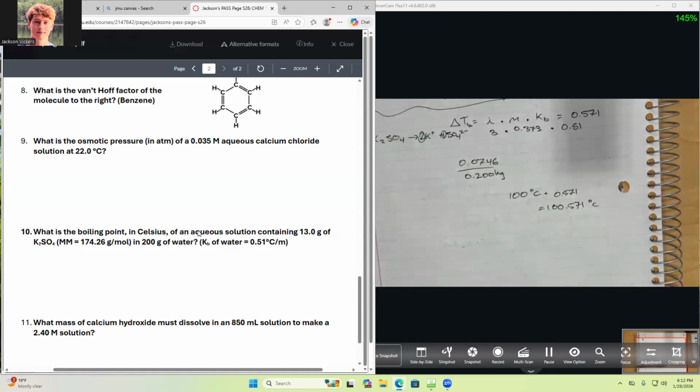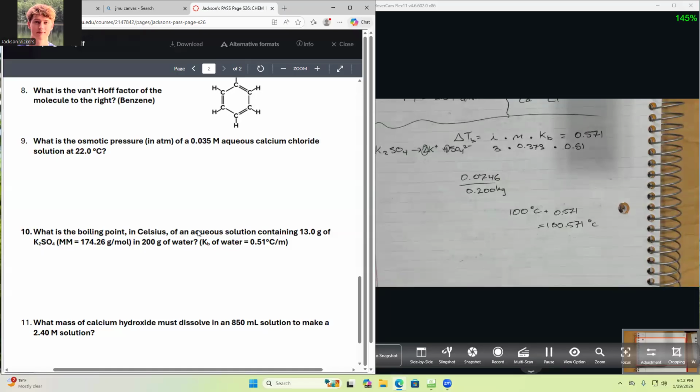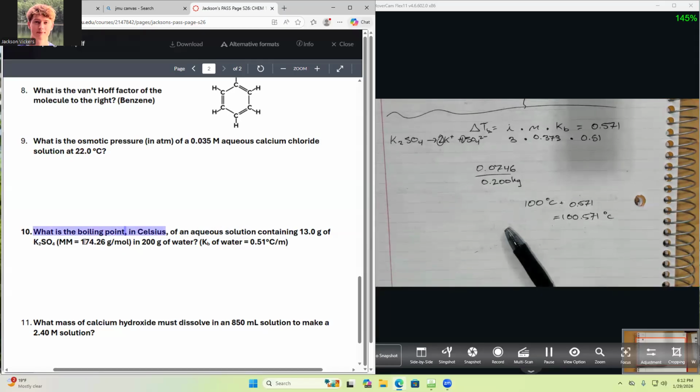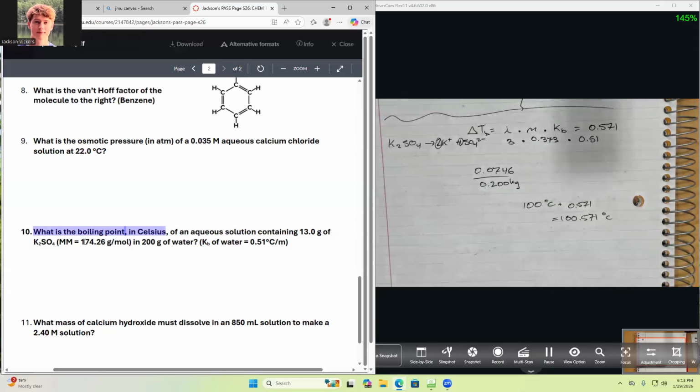But for the delta T part, the way this problem is worded, I didn't ask you what's the delta T. I asked you what is the new boiling point. So if I'm asking you what the new boiling point is or the new freezing point, we have to think about what we found from the delta T and either add it if it's boiling or subtract it if it's freezing.